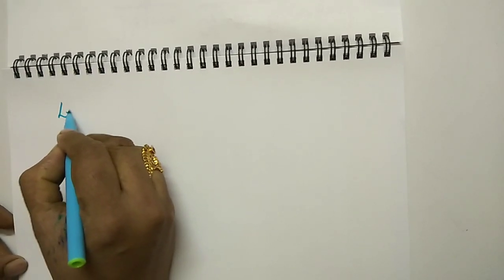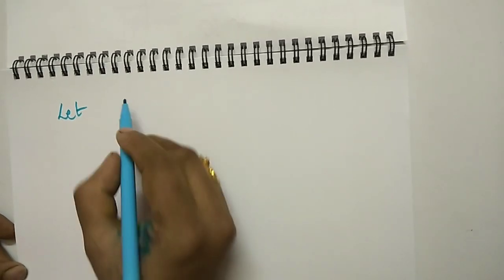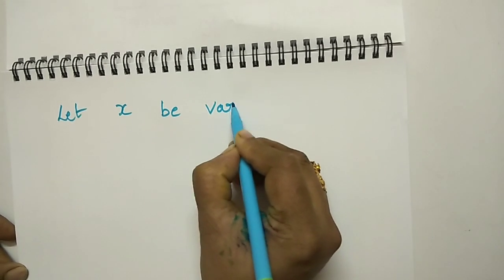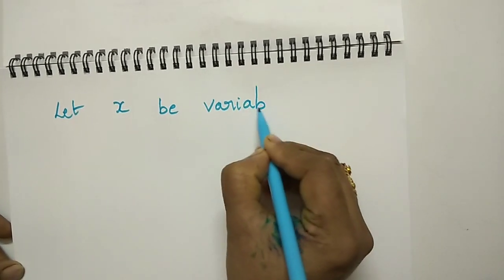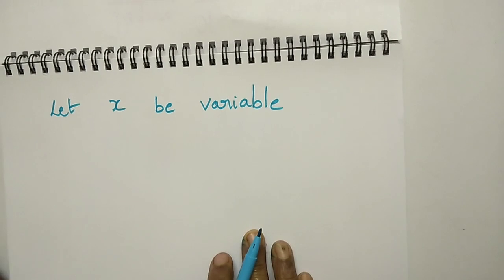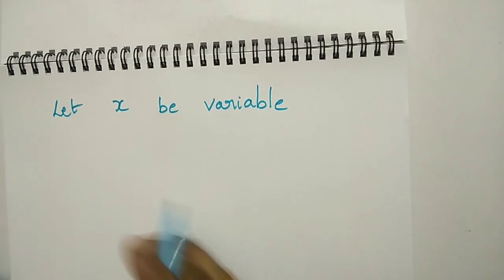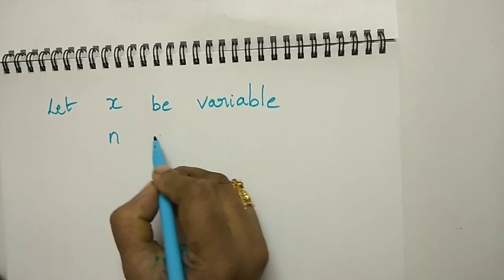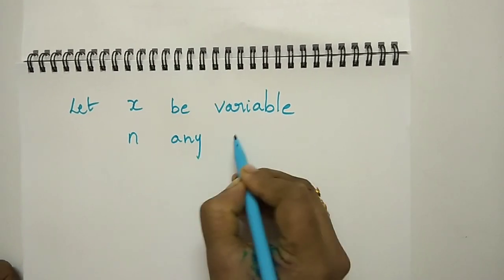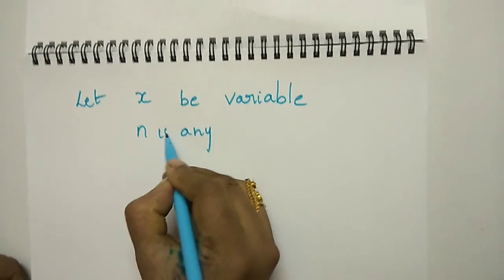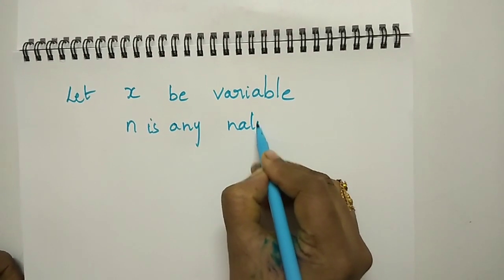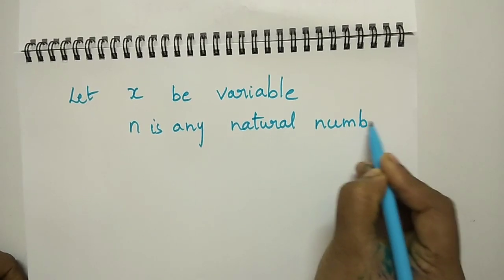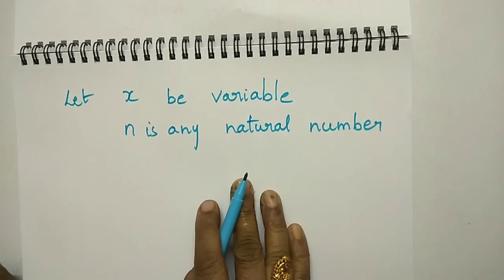Let x be a variable. For the power of x, let us take the alphabet n. That is, n is any natural number, nothing but whole numbers.